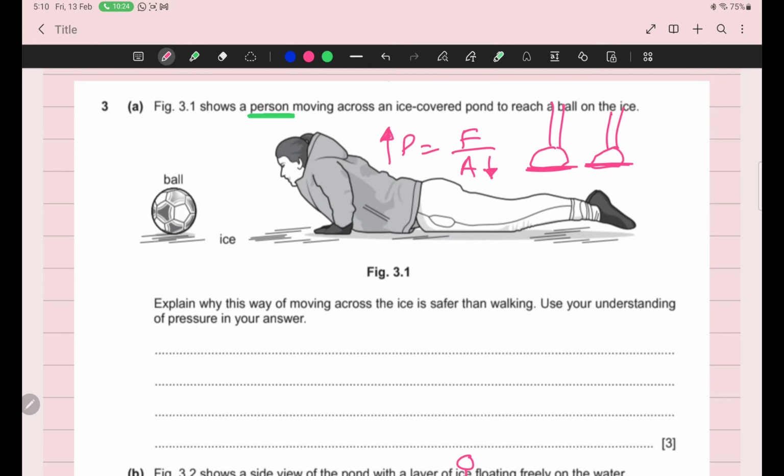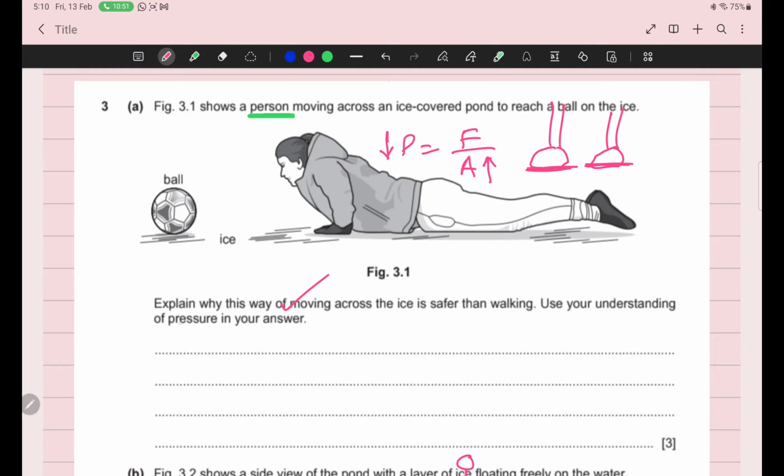So if the person walks on the ice layer, there is a probability of breaking the ice layer. But if he lays down, the surface area in contact with the ice will increase, and increasing the area by moving like this will reduce pressure.